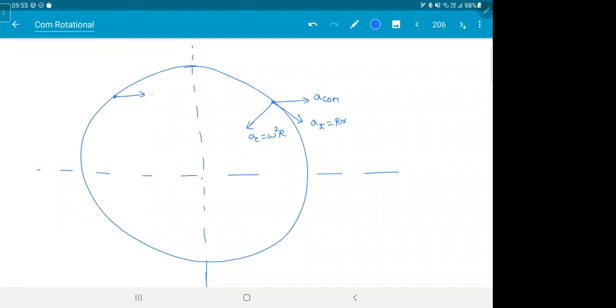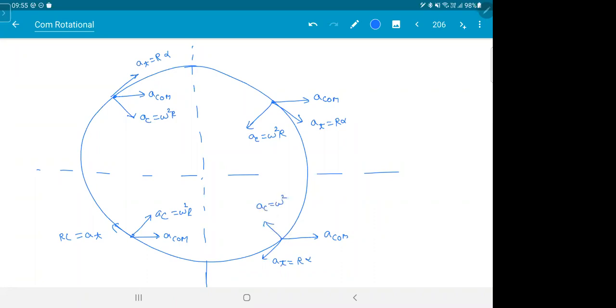So if you look at here, this will be A center of mass, A centripetal, and this would be A tangential. Same here. A centripetal, that will be towards the center. A tangential will be tangential. A center of mass would be in the same direction. So A center of mass will be same for all. If you take the topmost point here, this would be what?